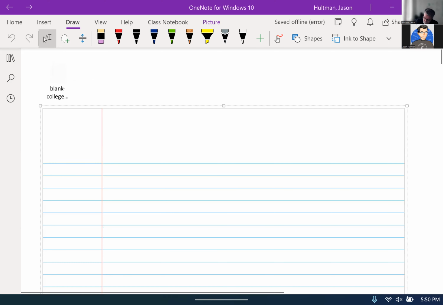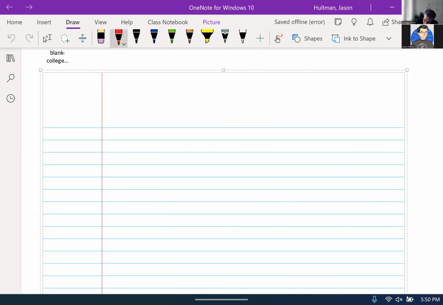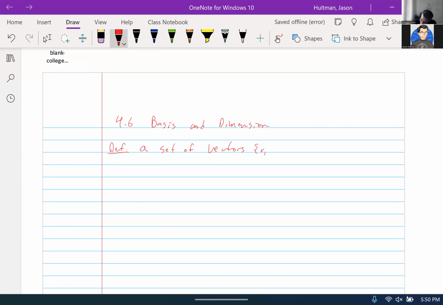Okay, 4.6 is basis and dimension. Definition: a set of vectors v1 to vk in a vector space V is called a basis for V if the following hold true.